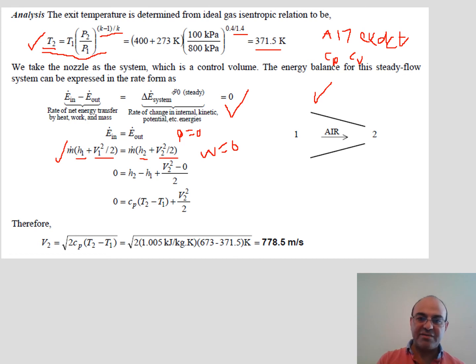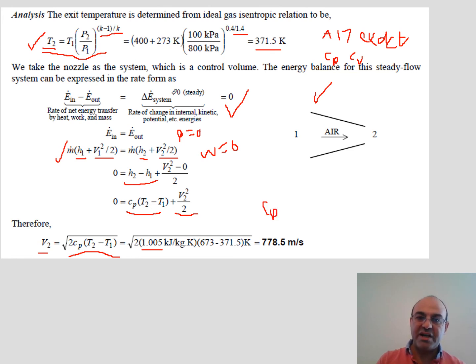If you rearrange and divide everything by mass flow rate, H2 minus H1 plus the kinetic energy at the outlet equals 0. Because you are following an approximate solution, H2 minus H1 is Cp (T2 minus T1). If you rearrange, you can get the velocity as a function of these parameters. Now the question is, you do have T1 and T2, but how about Cp? Cp has to be evaluated at the average of T1 and T2.